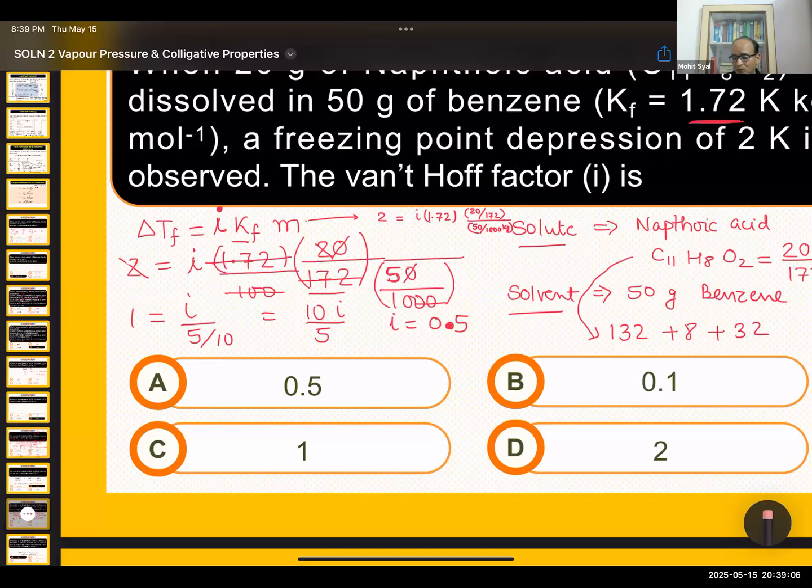But if I ask you, Jaslyn, I equal to half, okay, 0.5. So if I is half, then what interpretation should I put? How can something become half?